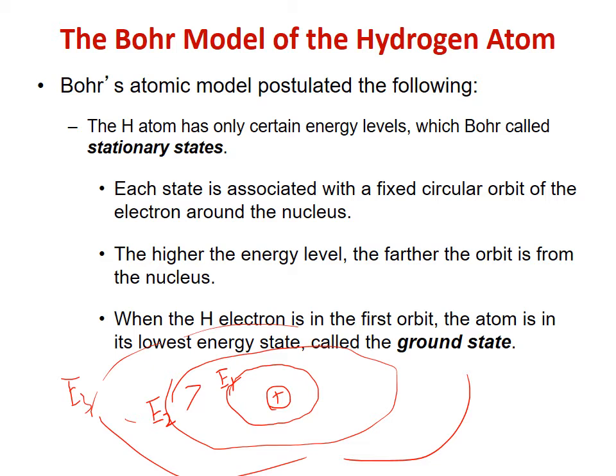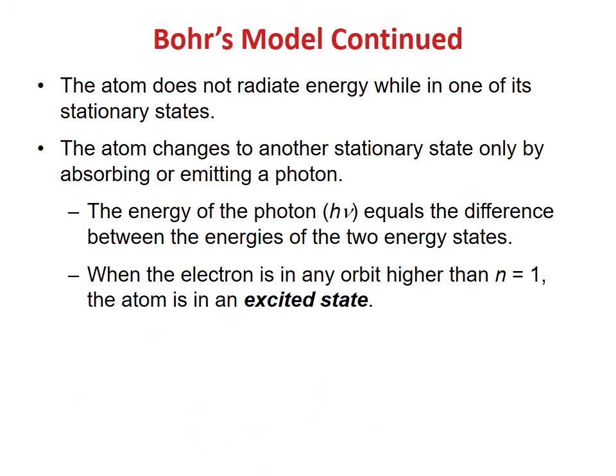When hydrogen electron is in its first orbit, the atom is in its lowest energy state, which is called ground state. The atom does not radiate energy while in one of its stationary states. The atom changes to another stationary state only by absorbing or emitting a photon.